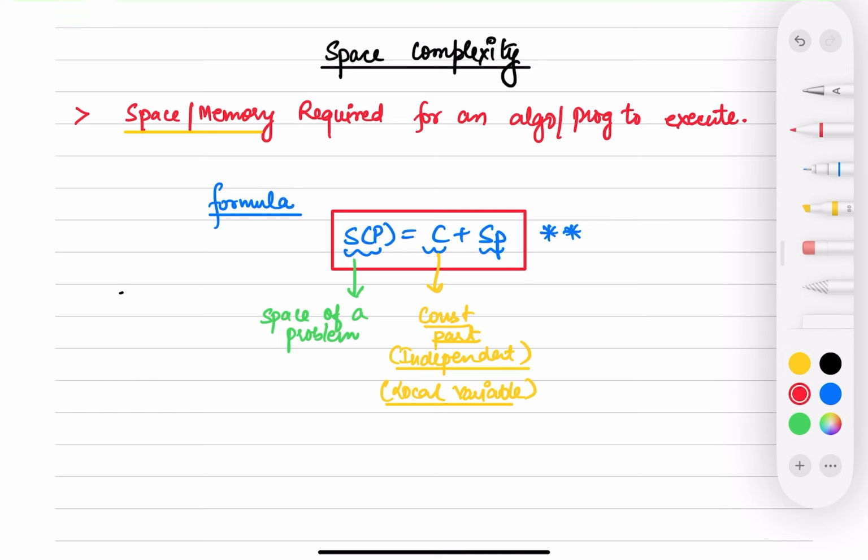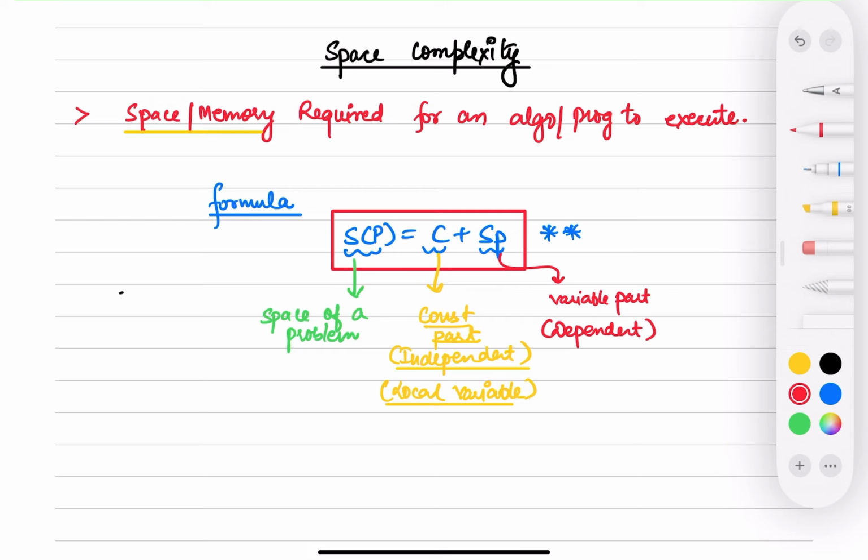Now what does S_P mean? This is very important. This is a variable part, and this is basically dependent, right? It depends on how many times a loop will execute, right? So that has a dependency.